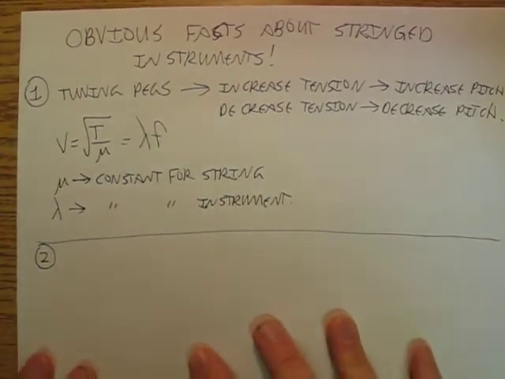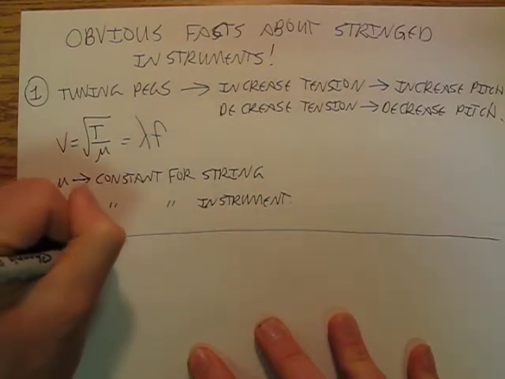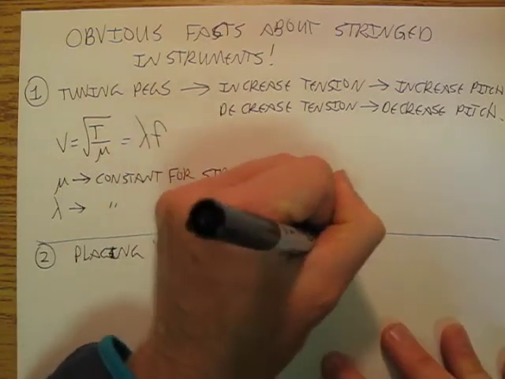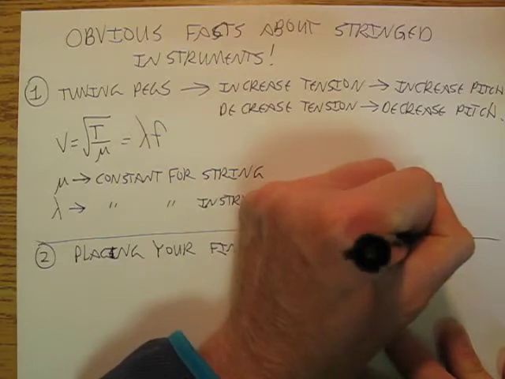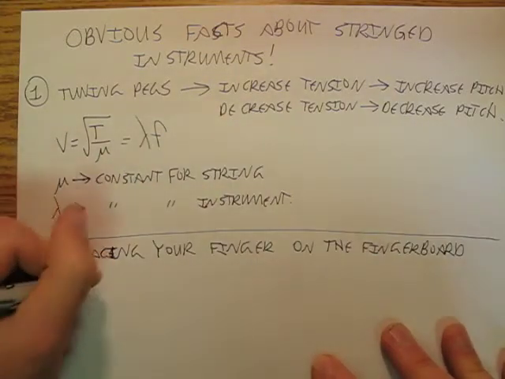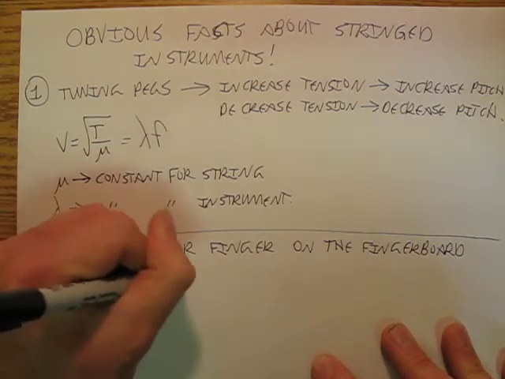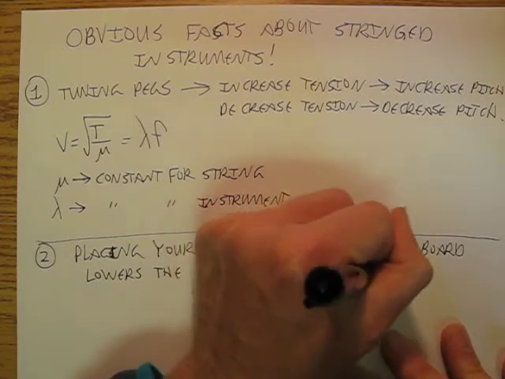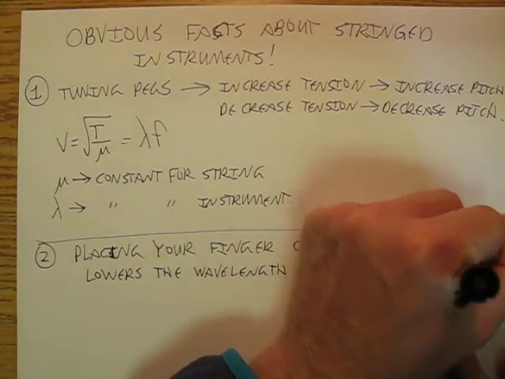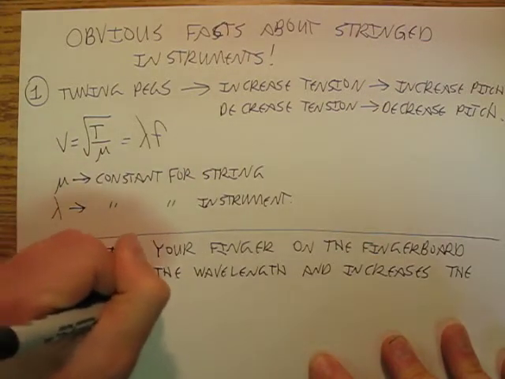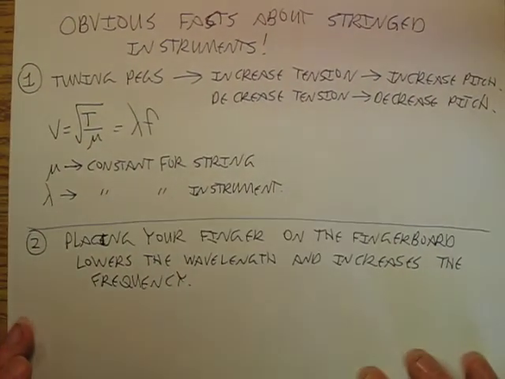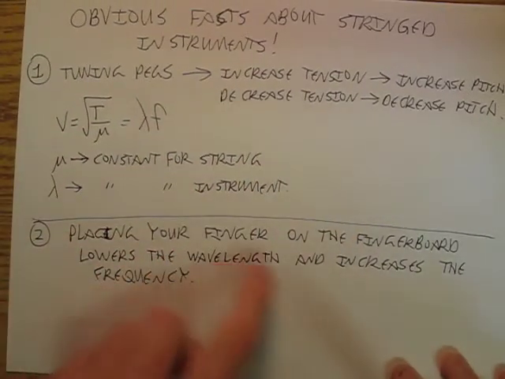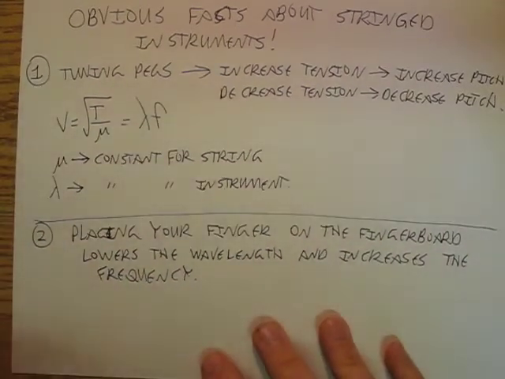Fact 2 is, and this is how you play stringed instruments, you place your fingers on the fingerboard, and as you make the string shorter, you increase the frequency, so you make a higher note.